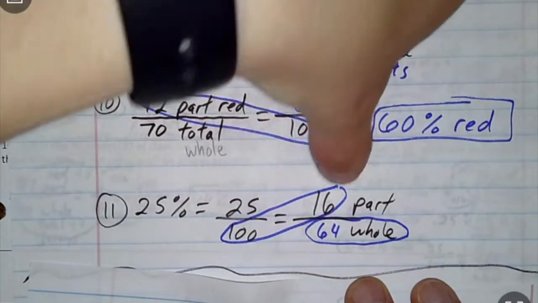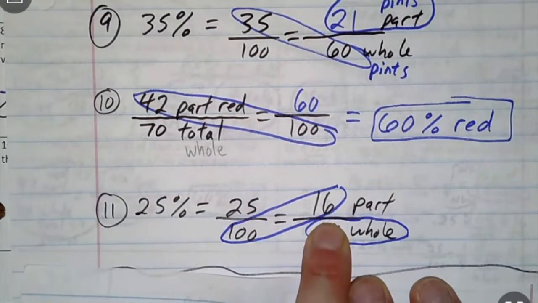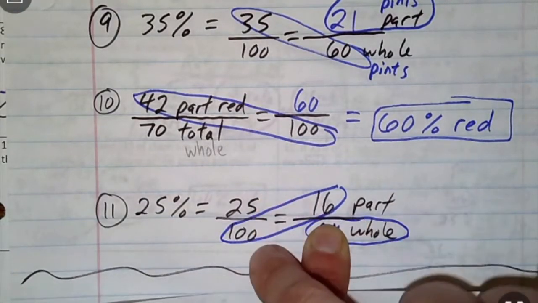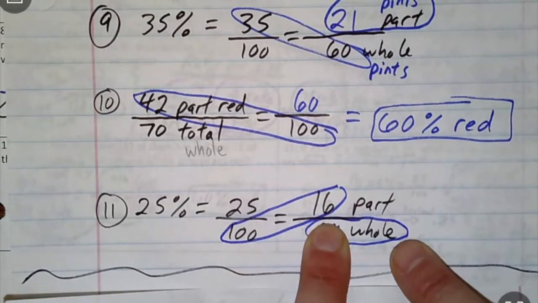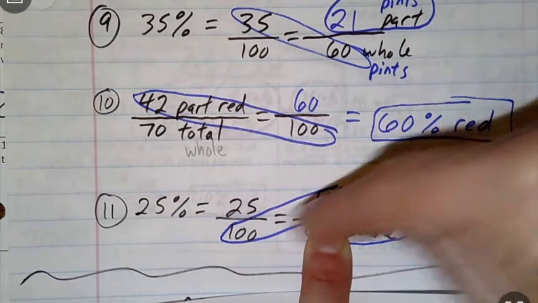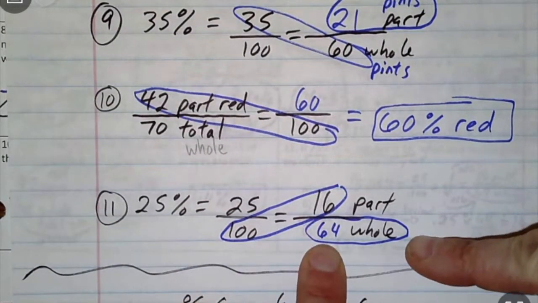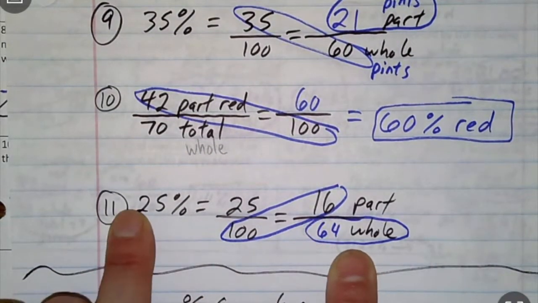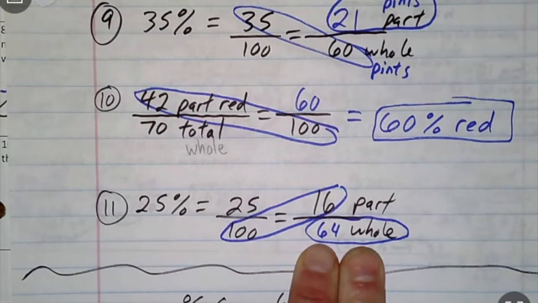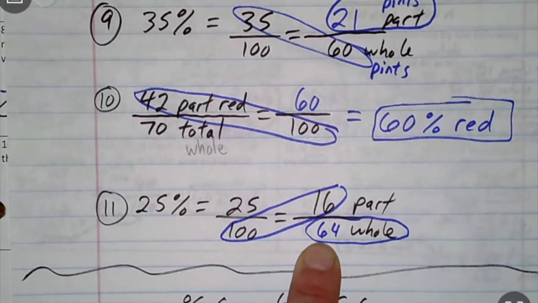And we know the part is 16. We're looking for the whole. So set it up. 25 out of 100, part out of the whole, and then just do your cross products. 16 times 100, divide by 25, and you're going to find that the whole amount would be 64. So this one here, giving the percent and the part, you could find the whole, setting them up the same way. That should help with RP.